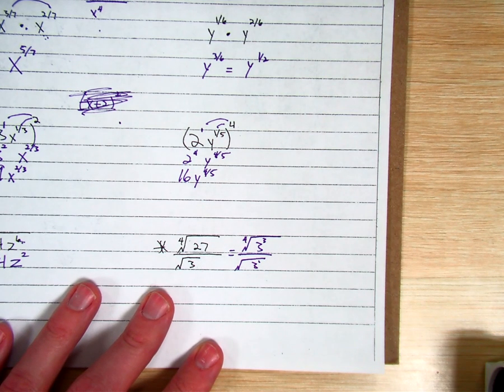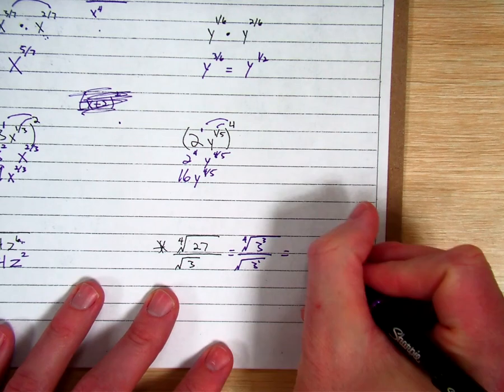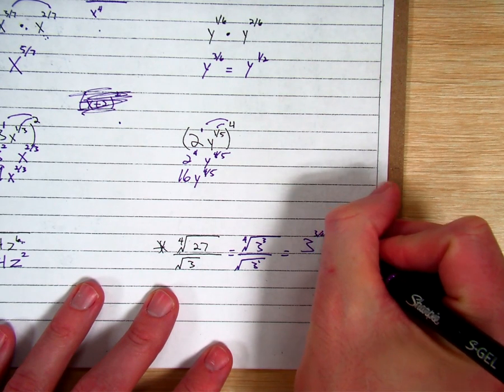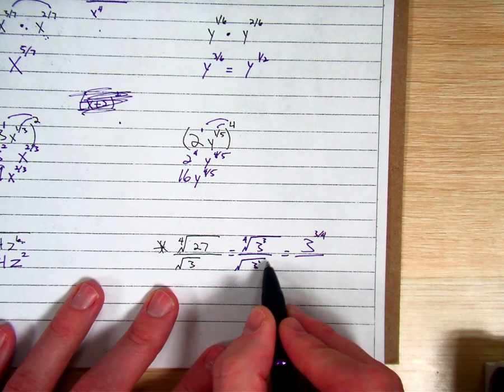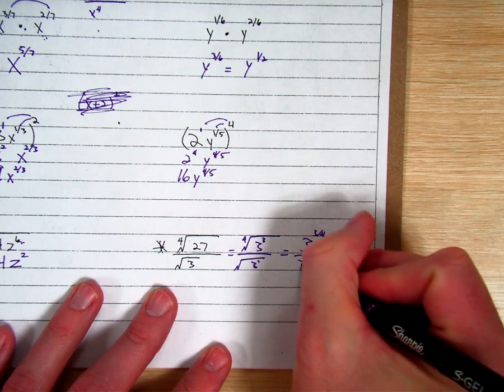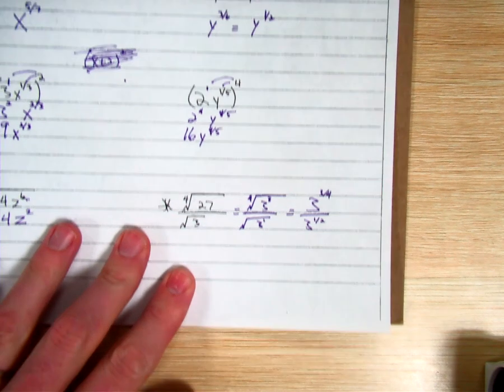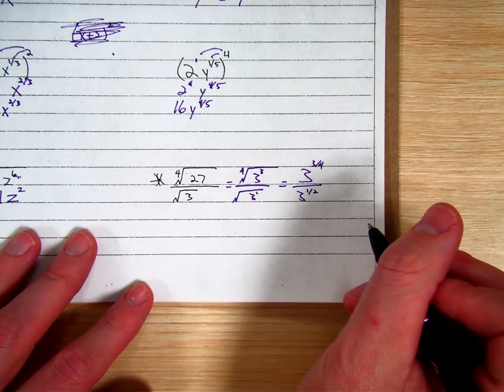Okay, now we're going to switch it from radical form to exponent form, rational exponents. Power divided by root, so we have 3 to the 3/4 over 3 to the 1st power, 2nd root. Okay, and then from our stuff yesterday, we know we can subtract.